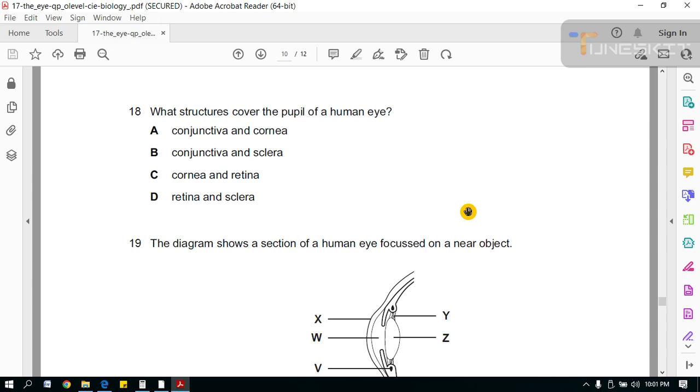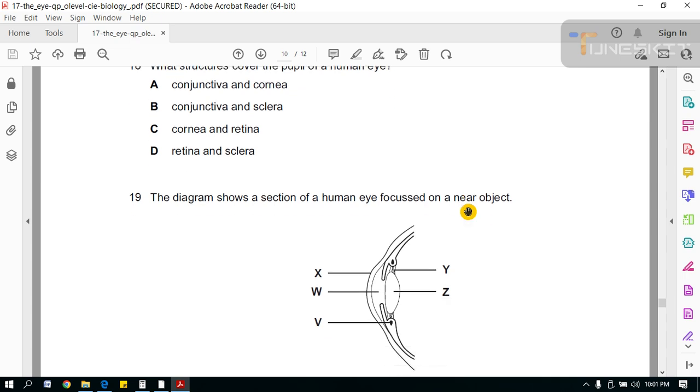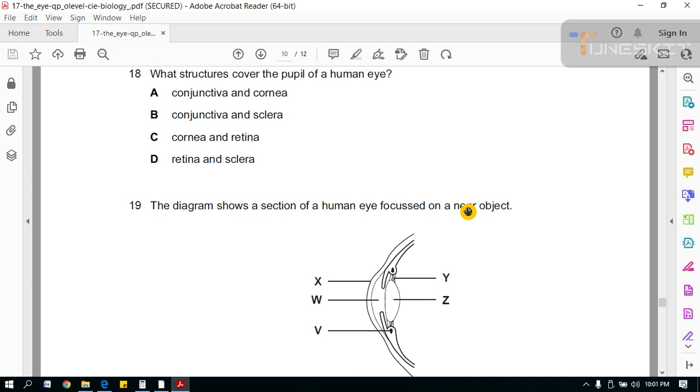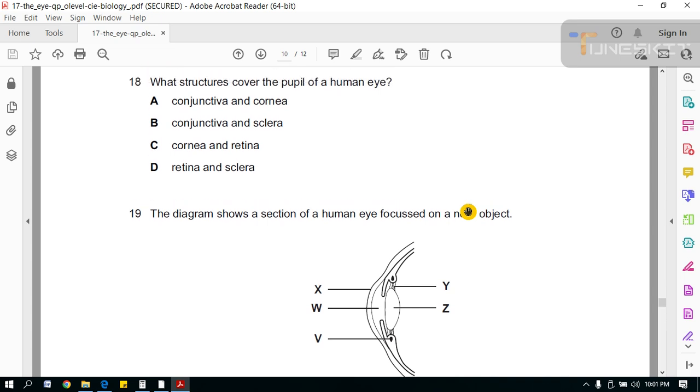We have already done this MCQ in our previous options, MCQ number 18, option A, because we know conjunctiva is a single celled protective layer present outside of the cornea, and just after the cornea there is the pupil. So conjunctiva and cornea are the two structures which are present just before the pupil, and option A is correct.